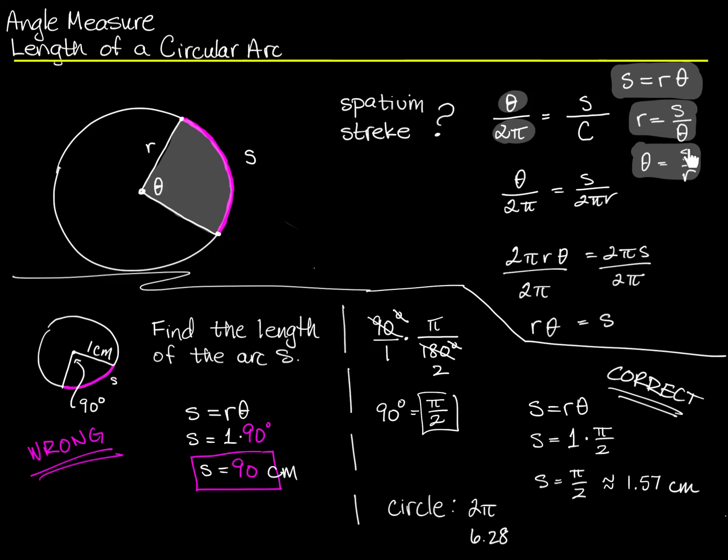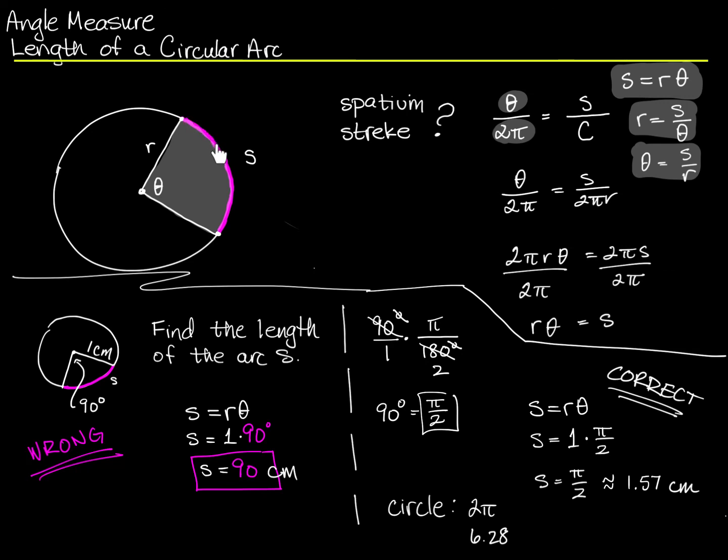And if I'm given the arc and the radius, I can find the central angle theta. This is really the only one you need because you can derive the other two very easily from it. But notice that just like any algebraic formula, if you have two of the three pieces, you can find the third depending on which version of the formula you use.